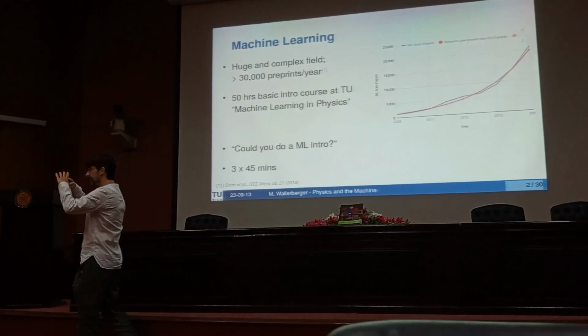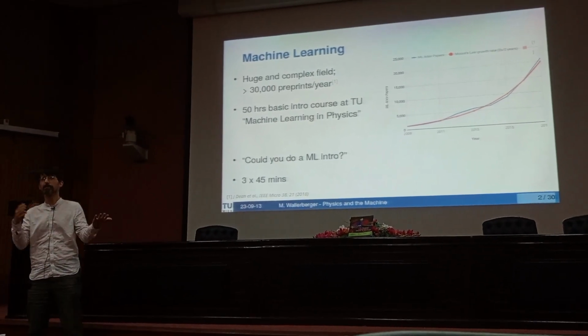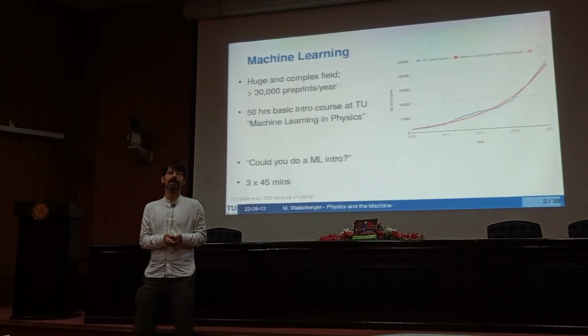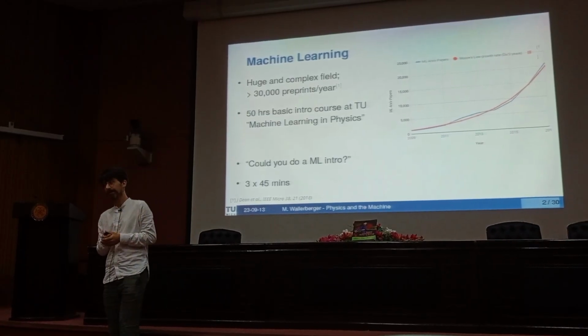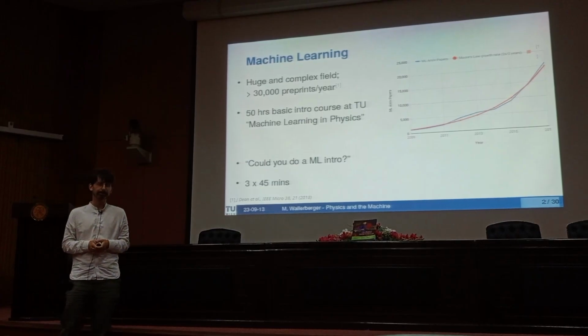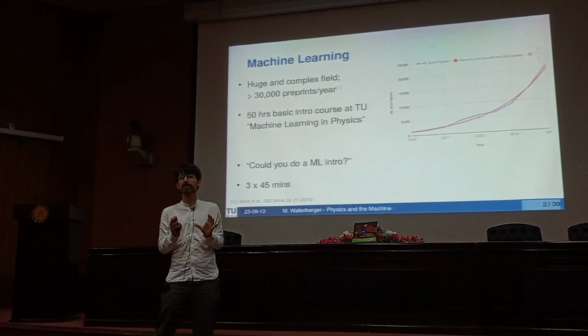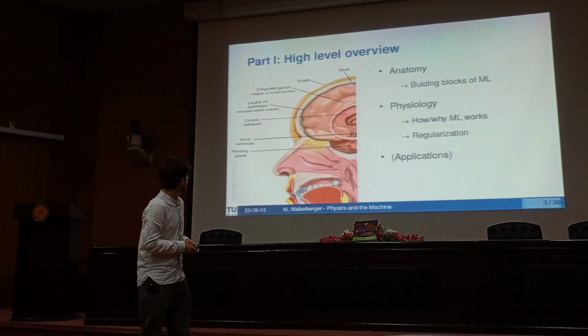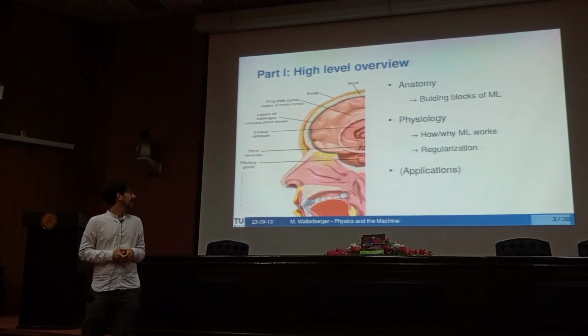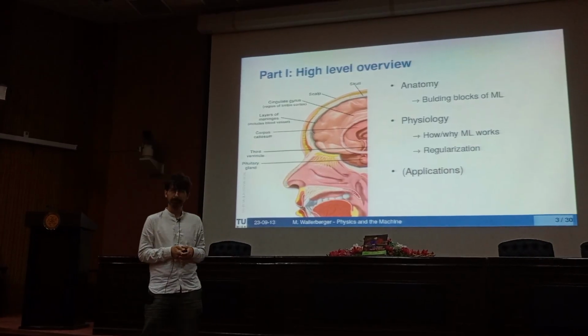Whenever we have these huge and complex fields, there are a couple of ways to approach them. I thought let's take a page from the medicine playbook and divide it in 2 parts. The first part, which I'm going to focus on today, is a high-level overview.